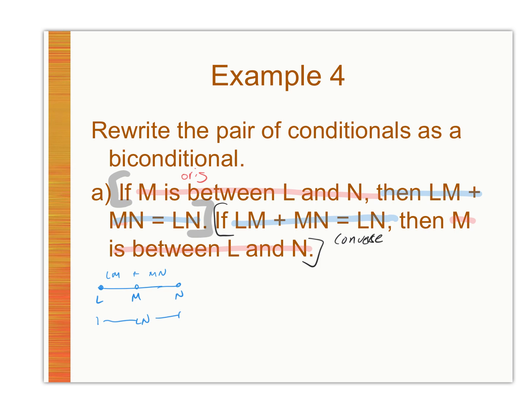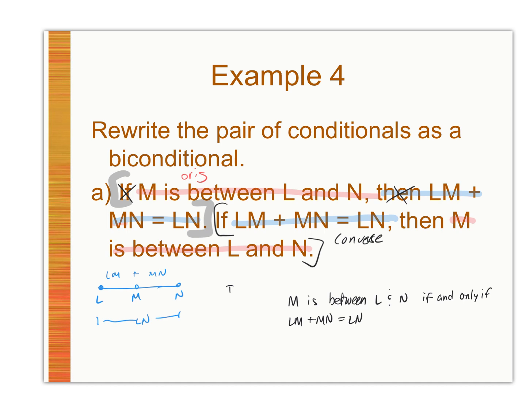Because they're both true, I can write it as a biconditional. I would take that first statement, without the if part and without the then part, and I would just say M is between L and N if and only if LM plus MN equals LN.